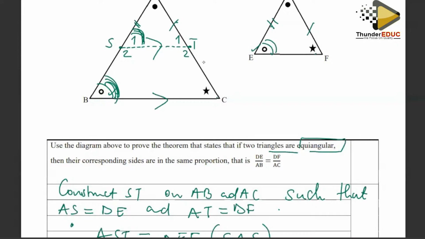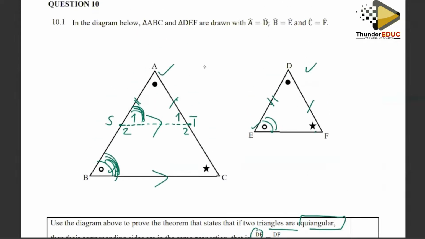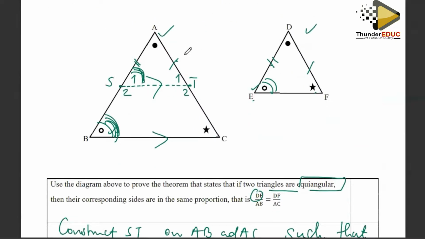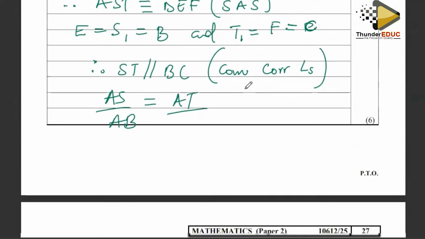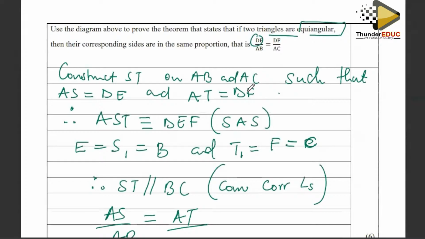And if that is true, then we can use the midpoint theorem or the proportionality theorem, not necessarily the midpoint proportionality. So they started with DE, the small side over the bigger side. I'm going to say that AS over AB should be the same as AT over AC.